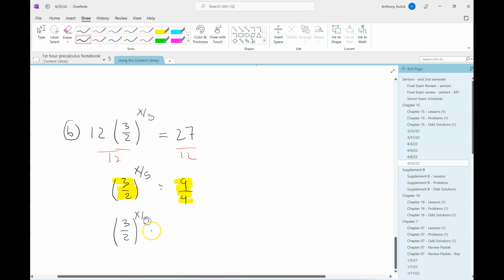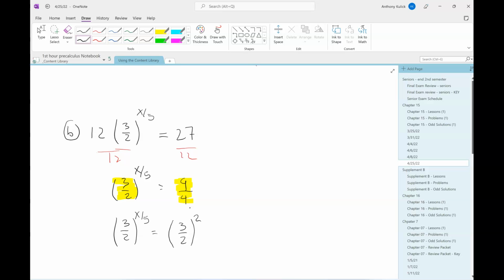Nine fourths is the square of it. Excellent. Yeah. So 9/4 is 3 over 2 squared, because 9 is 3 squared and 4 is 2 squared. Do you guys see that?